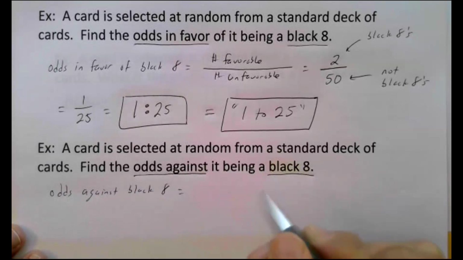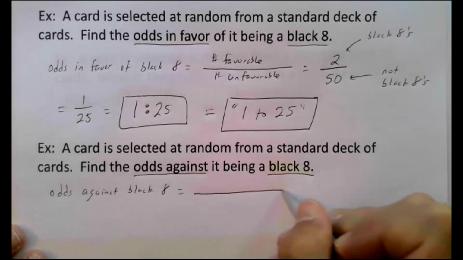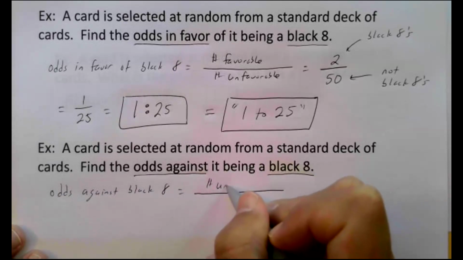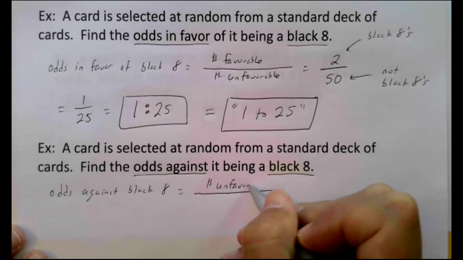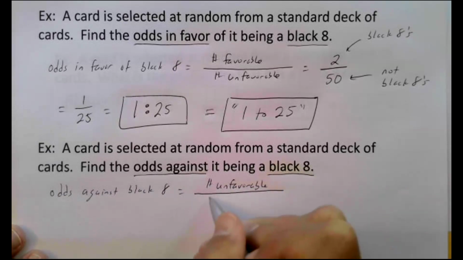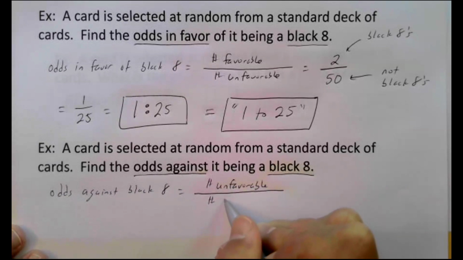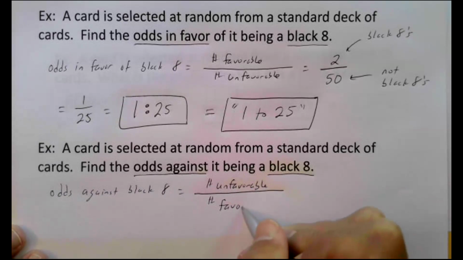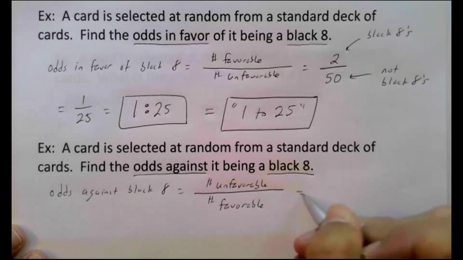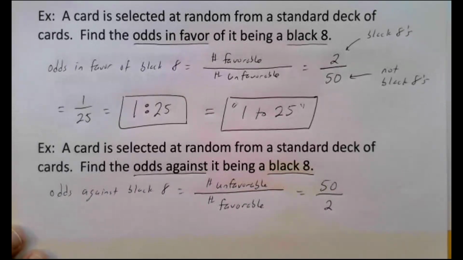If you were to pick a random card out of a deck, for the odds against it being a black 8, you would put all the non-black 8s on top. That's unfavorable. And then all the black 8s on the bottom. That's what we mean by favorable. Remember, there are 50 cards in the deck that are not black 8s, and there are 2 that are.